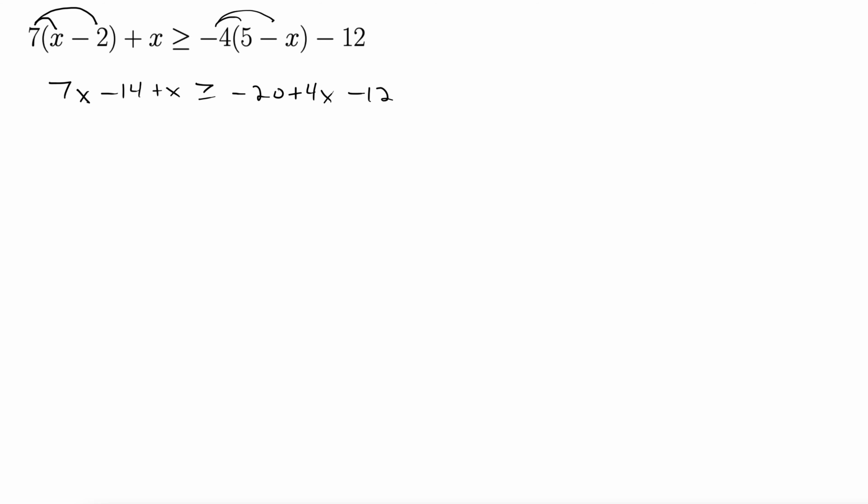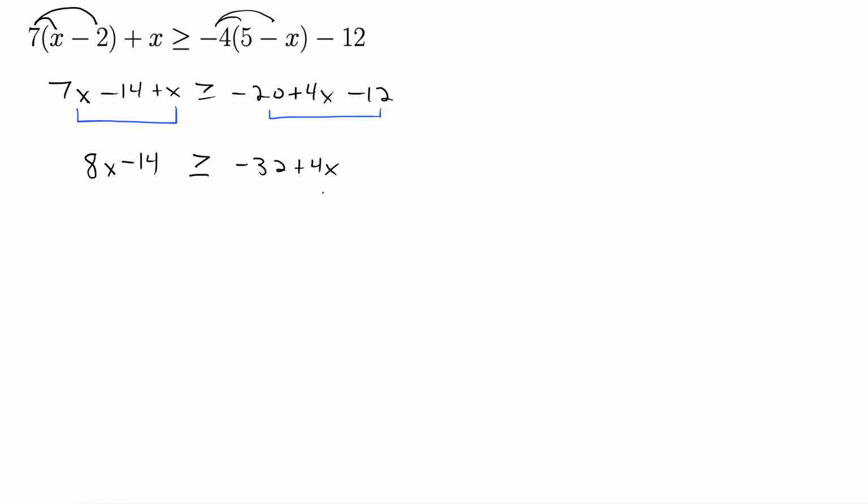All right, let's combine like terms here. So let's see, those x's can go together. The -20 and -12 can go together. All right, so we have 8x minus 14 over here, greater than or equal to, looks like -32 plus 4x.